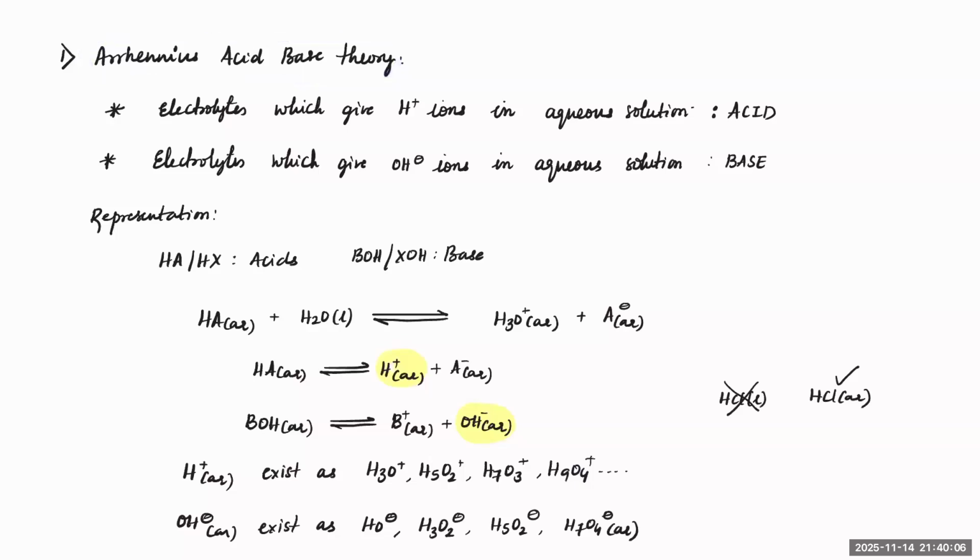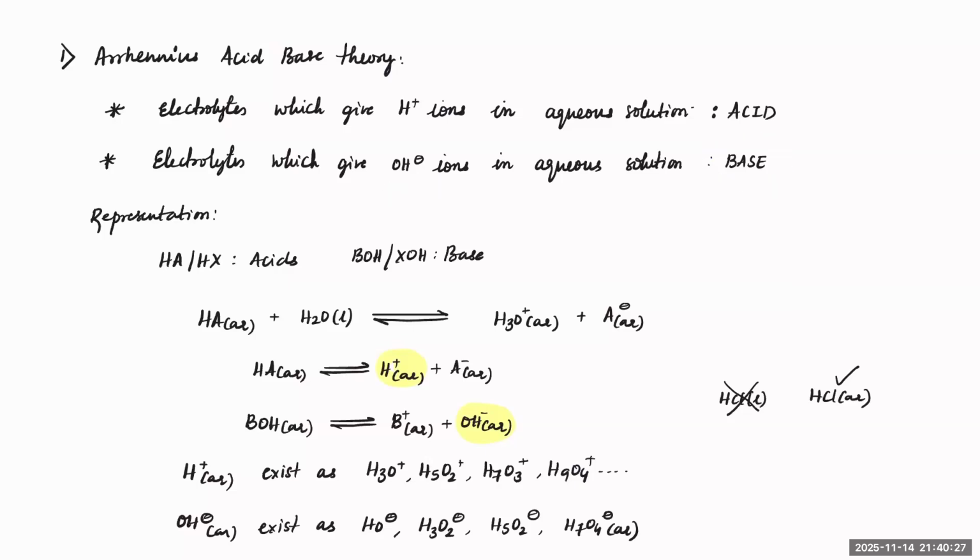According to this theory, electrolytes that give H plus ions into the aqueous solution, increasing the H plus concentration, we call acids. And electrolytes which increase the OH minus ion concentration, we call bases.